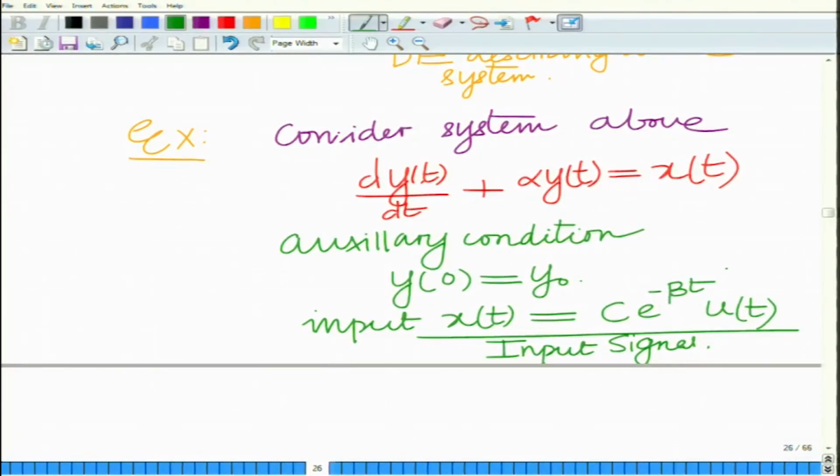Okay. And the way to approach this, as we have already seen before, is that the solution or the output y t to any system described by this differential equation can be described as the sum of two components y p t and y h t, where y p t is the particular solution and y h t is the homogeneous solution.